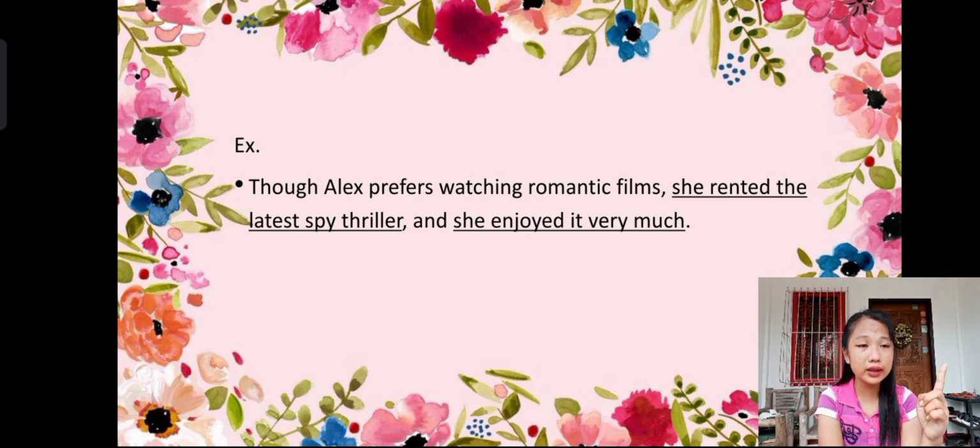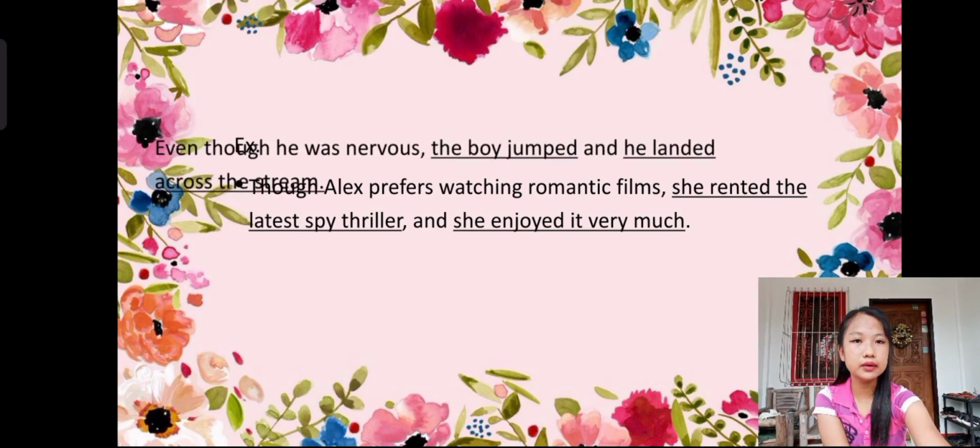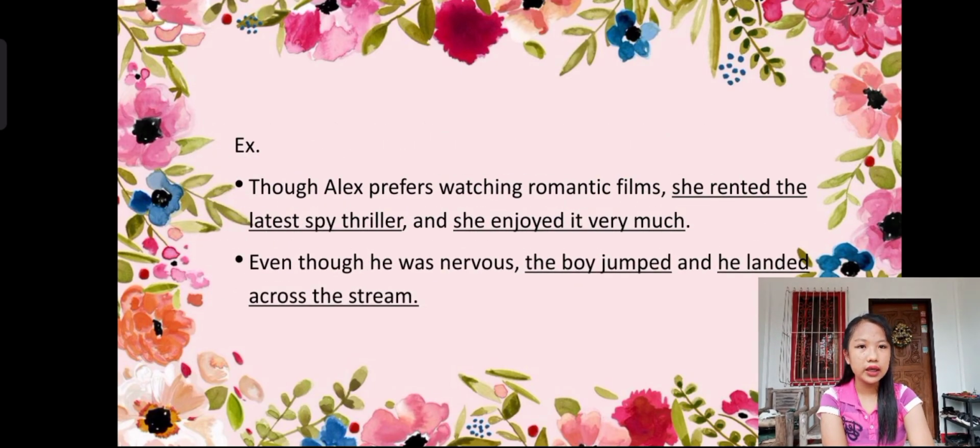And we have one dependent clause, which is though Alex prefers watching romantic films. And another example is, even though he was nervous, the boy jumped and he landed across the stream. We have one dependent clause, which is even though he was nervous, and we have two independent clauses, which are the boy jumped and he landed across the stream.